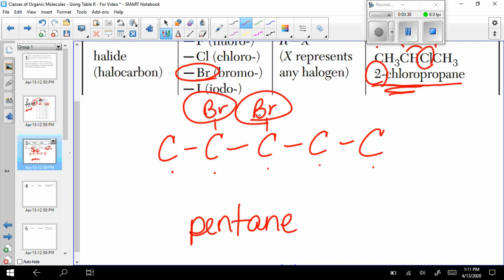And then I have 2 bromines. One is coming off of carbon 2, and one is coming off of carbon 3. So my first number would be 2, 3. You remember from when we did branches before that if you have something twice, you can just write di. So dibromopentane. There it is, 2,3-dibromopentane.